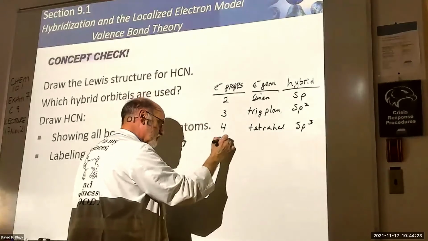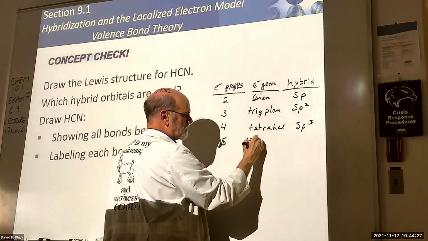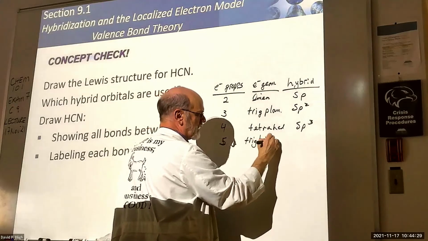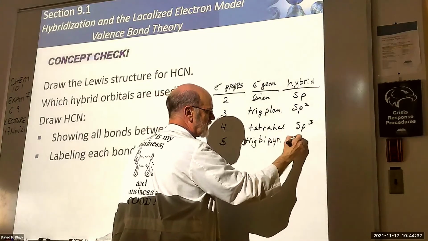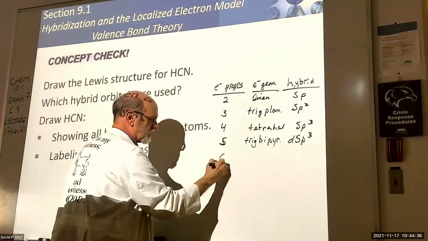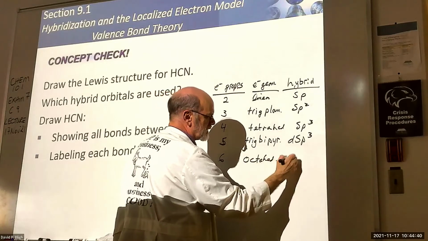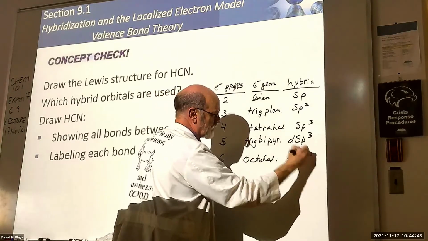5 is trigonal bipyramid, and that has to be dsp3. And 6 is octahedral, and that has to be d2sp3.